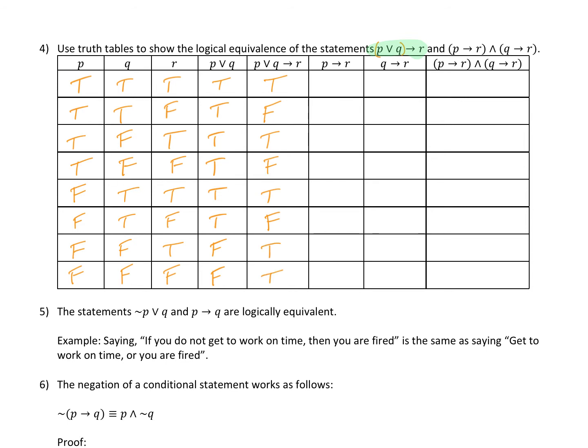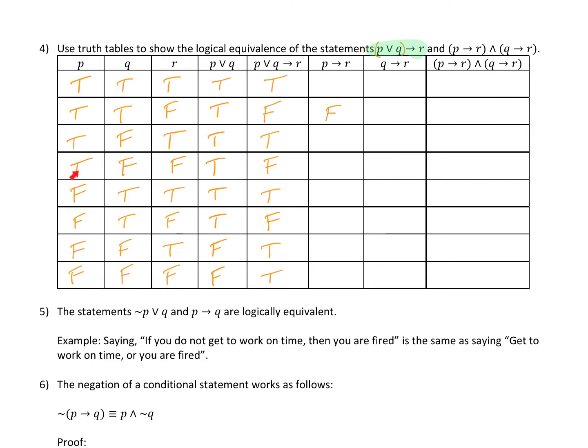Okay, P implies R. So I'm looking at this column and this column. P, if P, then R. The only way we get a false in this column is if P is true and R is false. So I'm looking for true, false. Whenever I see a true, false, I'll put in a false. So I have true, true, true, false. Okay, so that second one gets a false.